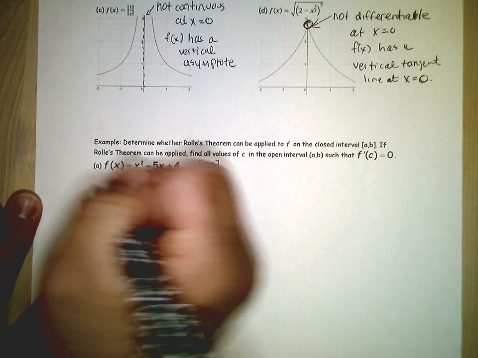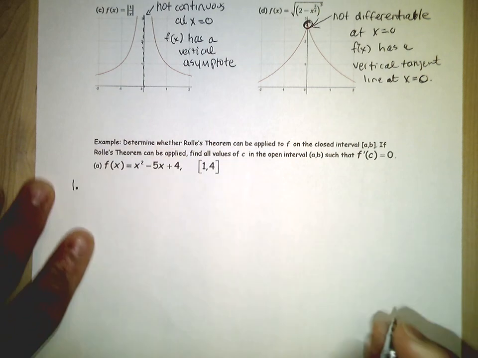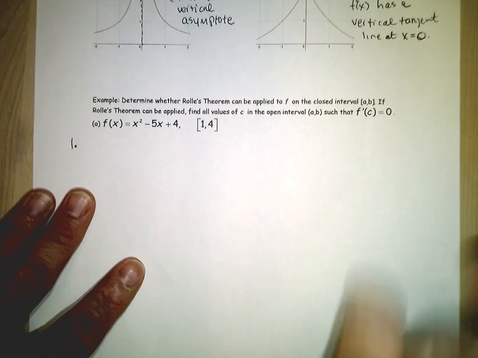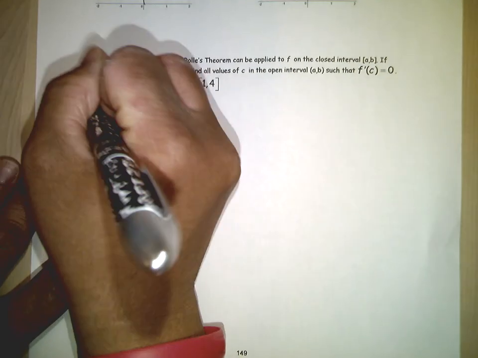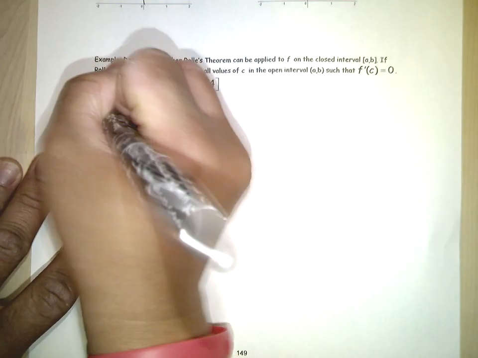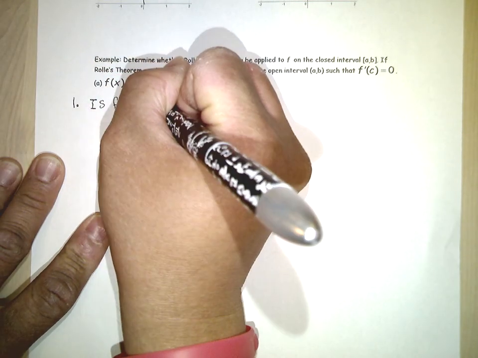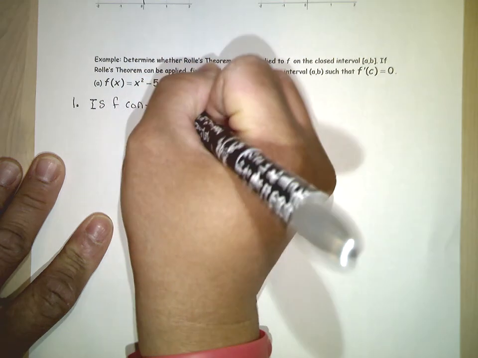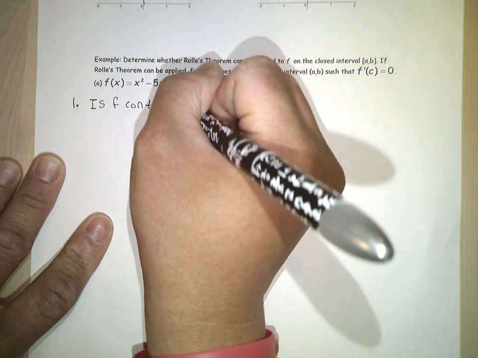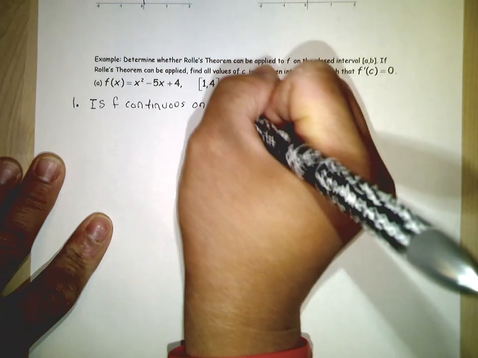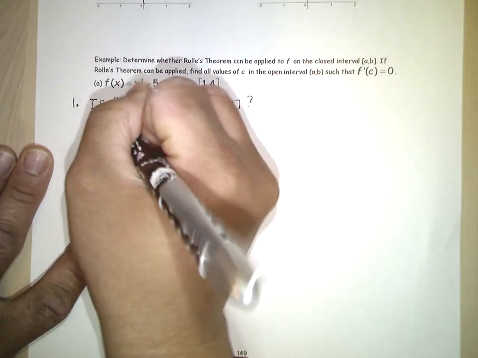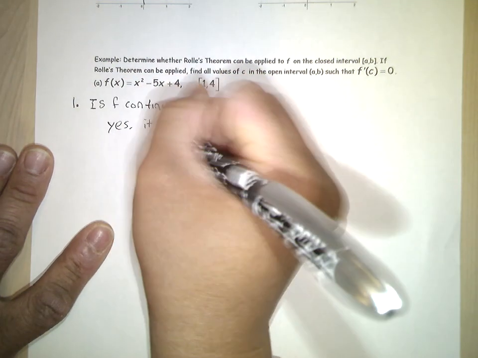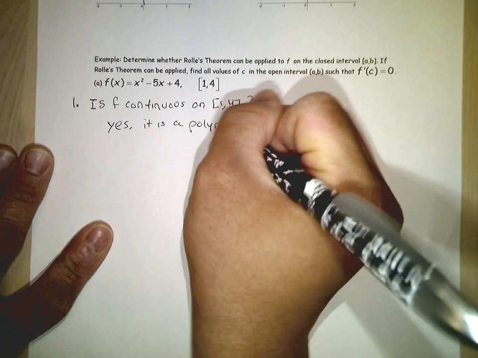All right, so remember there are a couple of things that we need to check for, and one of them is whether f of x is continuous on the closed interval 1 to 4. And I know that that is yes, because it is a polynomial.